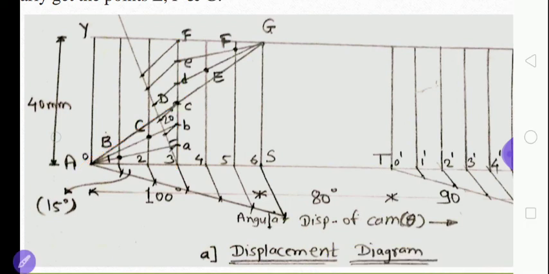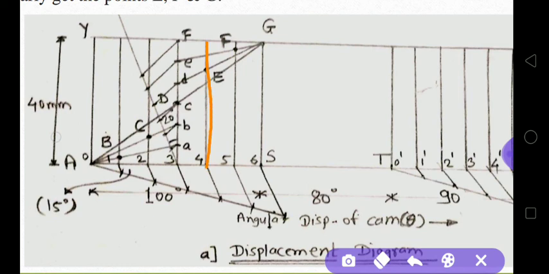Similarly, here this fourth vertical line cutting this D to G line at E point. Similarly, this fifth vertical line cutting this E to G line at F point.